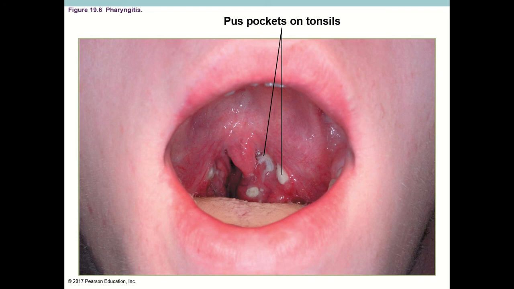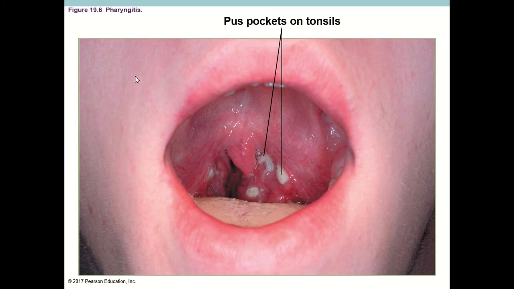Now, scarlet fever is another complication of not treating pharyngitis. What happens here is a chest rash, which not only develops on the chest, but can also spread throughout the rest of the body.